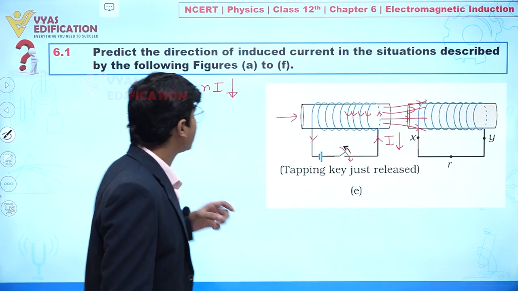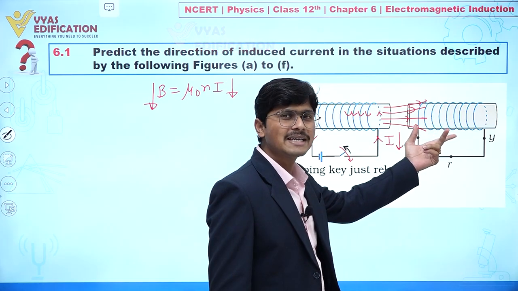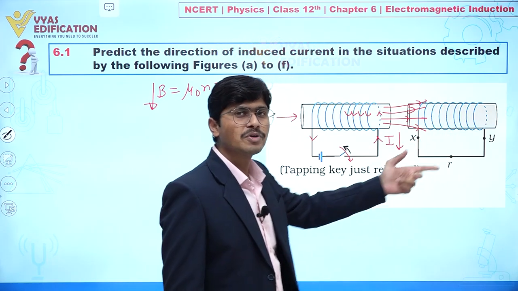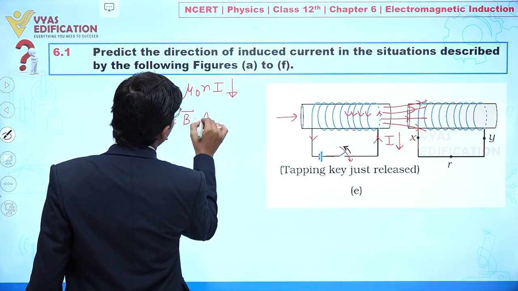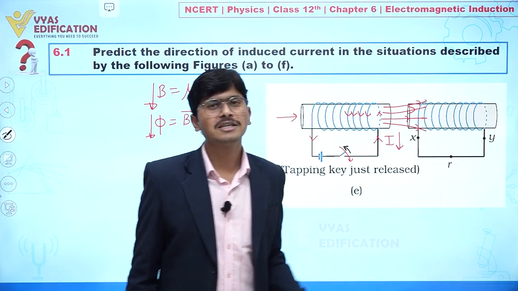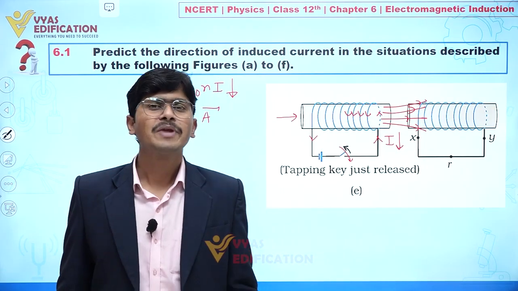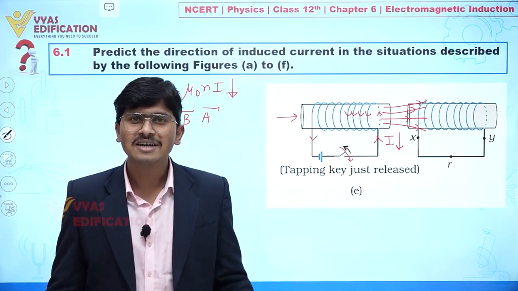So when I is decreasing, at that time the magnetic field value is also decreasing. Clear? When the magnetic field B is decreasing, it means magnetic flux decreases, because flux is given by B dot A. When flux decreases, whenever there is some change in the magnetic flux, induced EMF will be developed, and because the circuit is closed, induced current will flow.